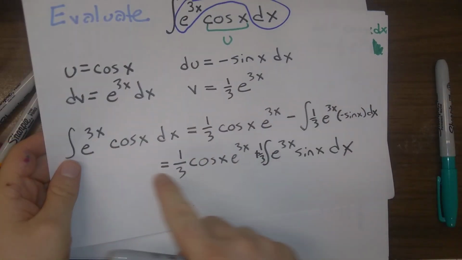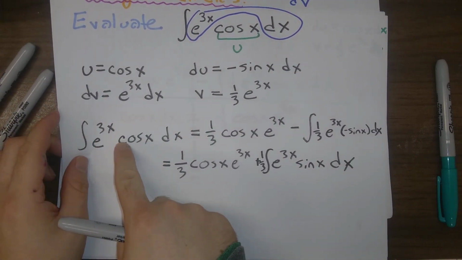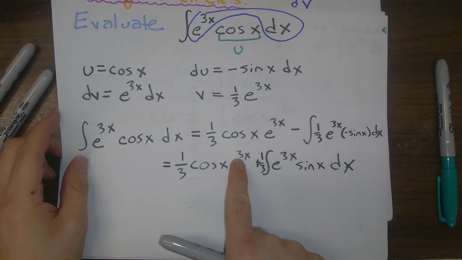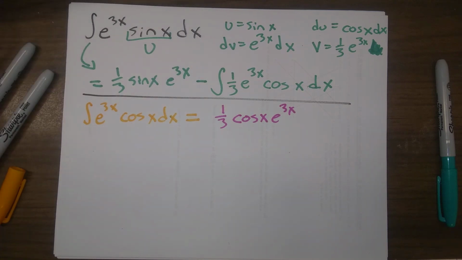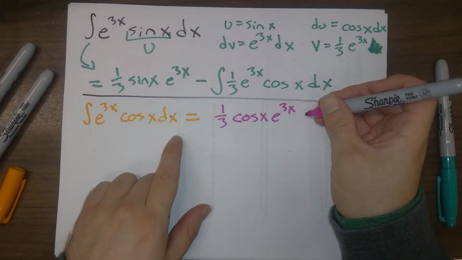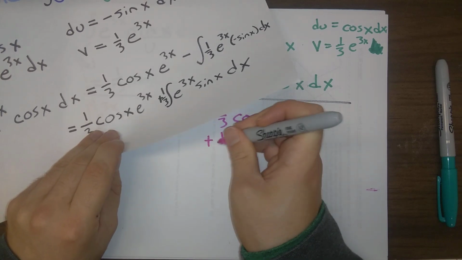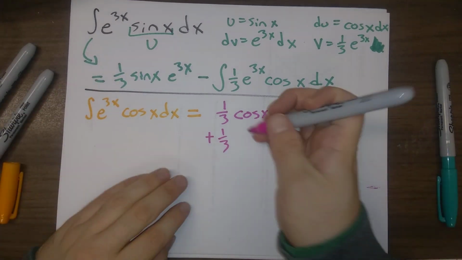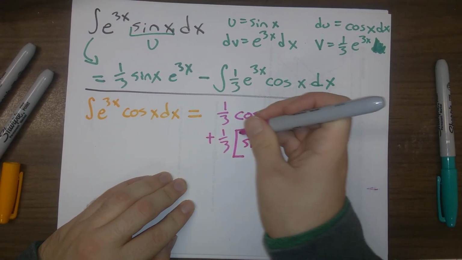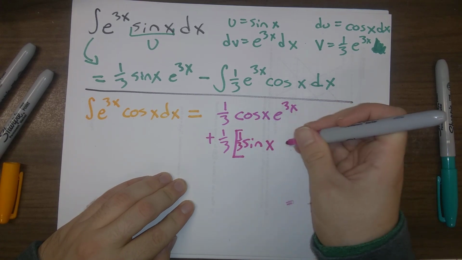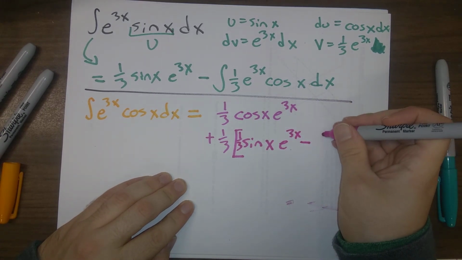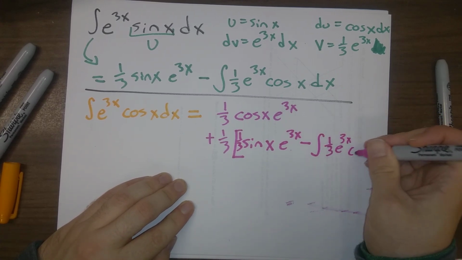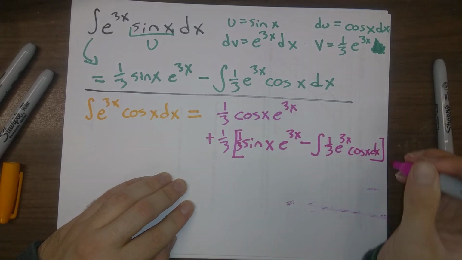So what I'm doing right now is I just copy the integral of e to the 3x cosine x dx is equal to 1/3 cosine x e to the 3x. And then it's going to be plus 1/3, plus that 1/3 there, times this integral, which is 1/3 sine x e to the 3x minus the integral of 1/3 e to the 3x cosine x dx.